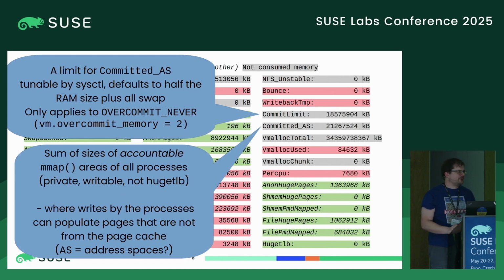It might be an interesting experiment to go over this limit and then change it to overcommit never and see what happens. But I wasn't brave enough to try that. It would be a bad idea during the presentation anyway.